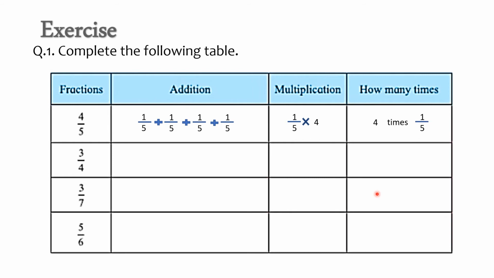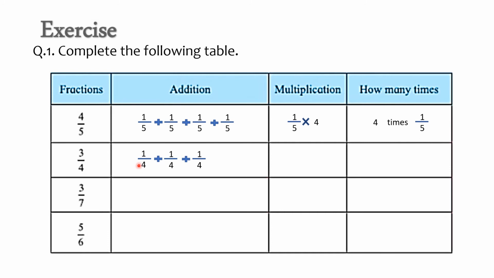Fraction 3 upon 4. In addition form we will write 1 upon 4 plus 1 upon 4 plus 1 upon 4. Students, here numerator is 3. So we have added 1 upon 4 three times. We will write the denominator 4 the same as it is.